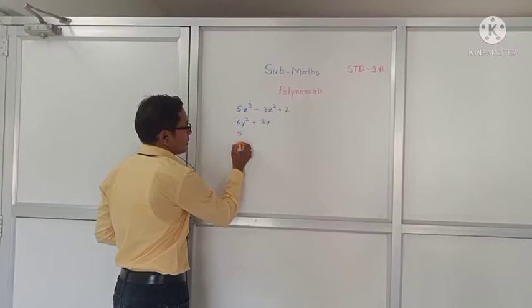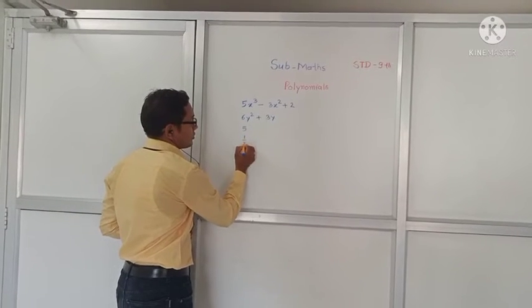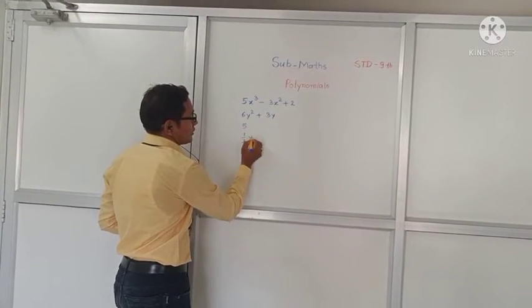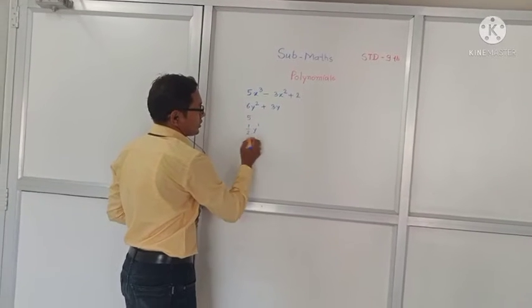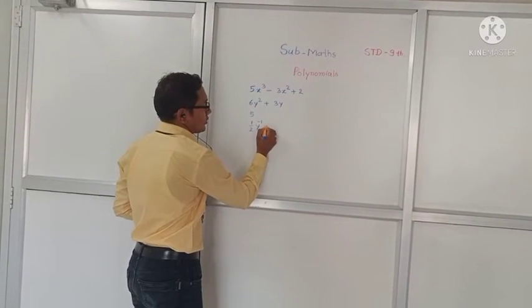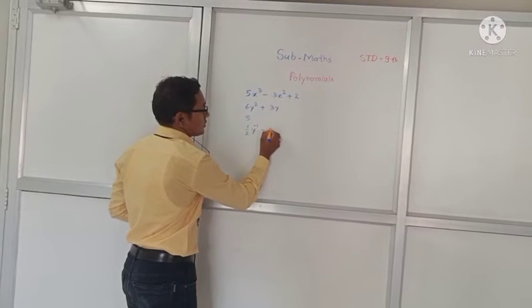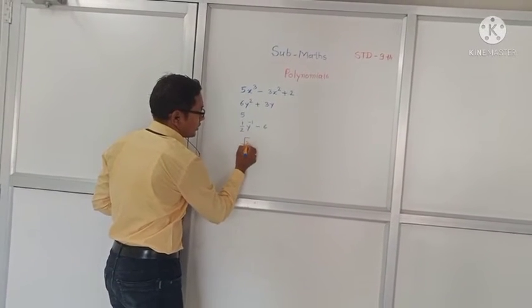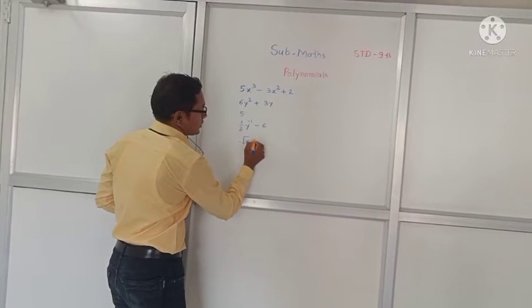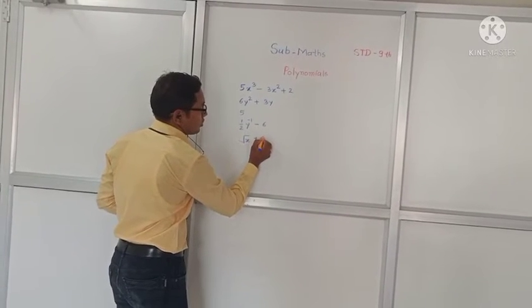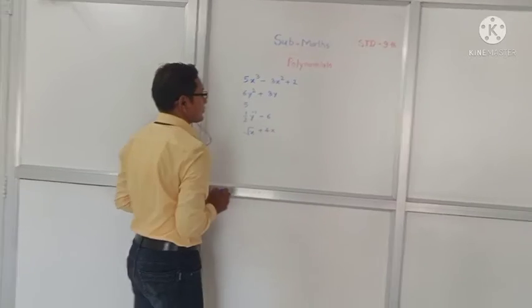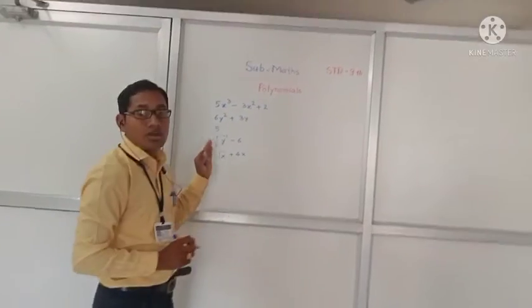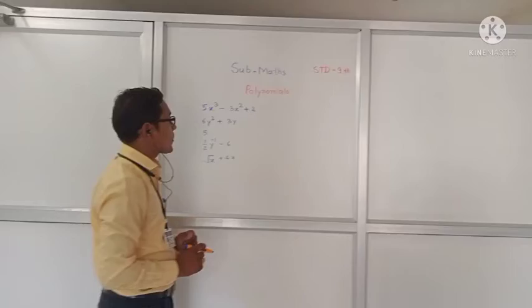Then 1 upon 2 y raised to the power minus 1. And minus 6 under root x plus 4x. So these are some algebraic expressions.